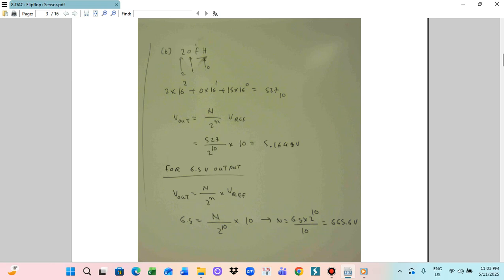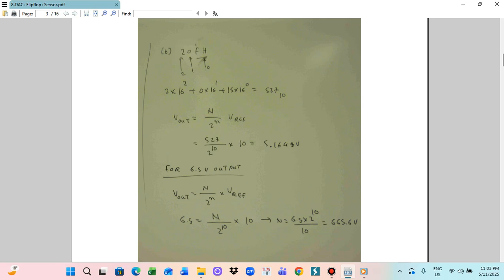V out is 6.5, we don't know the n, 2 power n is 2 power 10, and the reference voltage is 10 volts. So n is equal to 6.5 multiplied by 2 power 10 divided by 10, which gives 665.6. So this is for the 6.5 volt output.